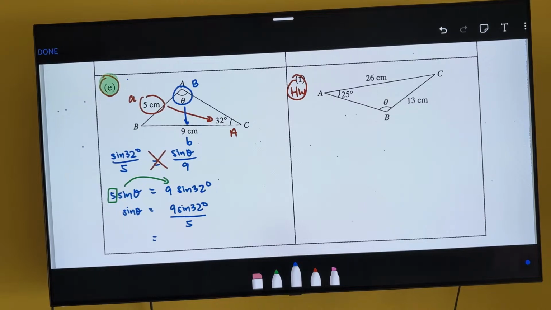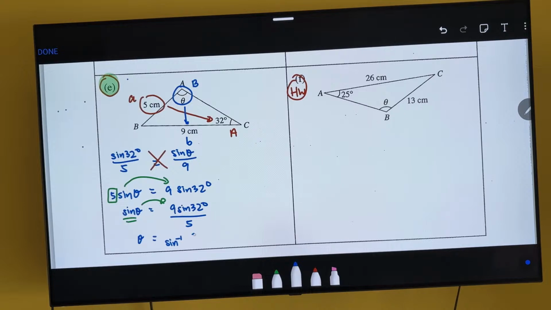We have two ways to go about. One way is let's work out this value over here, but we know that we might end up with a number that's running. We might not be too willing to do so. If you do not want to do so, you want to keep it very neat and exact, what we could possibly do is to actually find theta, and we bring the sine function over, and in doing so, sine becomes sine inverse.